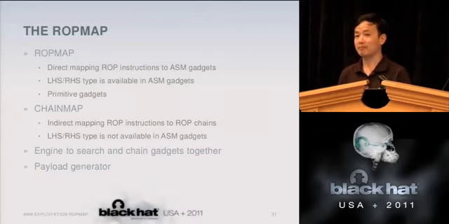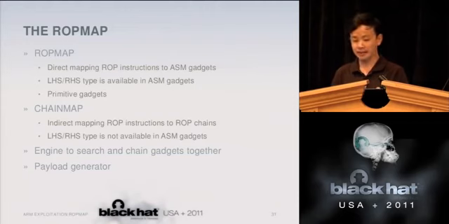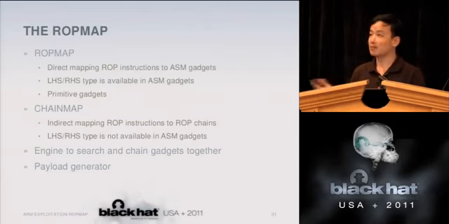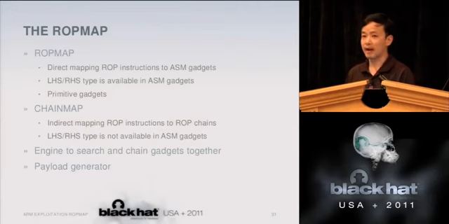With the map, you can search for any gadget, chain them together, and finally generate the chain. And last, we create a payload generator to generate the payload from the chain of gadgets we found.